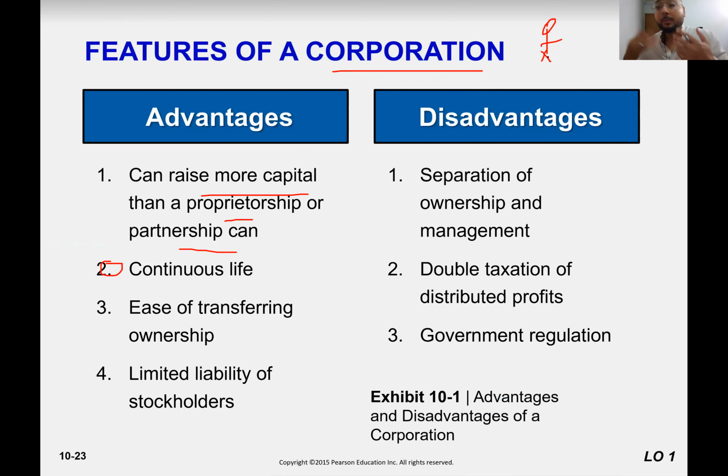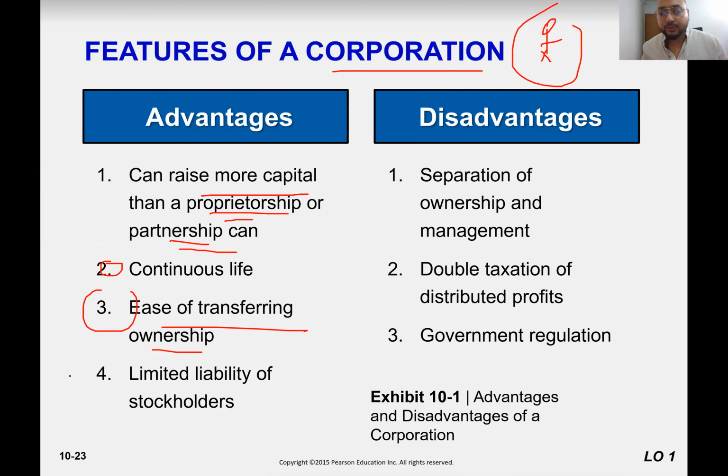It can own property, it can open an account in its own name, it can be sued in a court of law. So its name doesn't change. Owners can be changed. You can sell your shares to somebody else. He becomes the owner, but the company name doesn't change. You can easily transfer your ownership in a corporation, whereas in partnership and proprietorship, if you transfer your ownership, the company name changes.